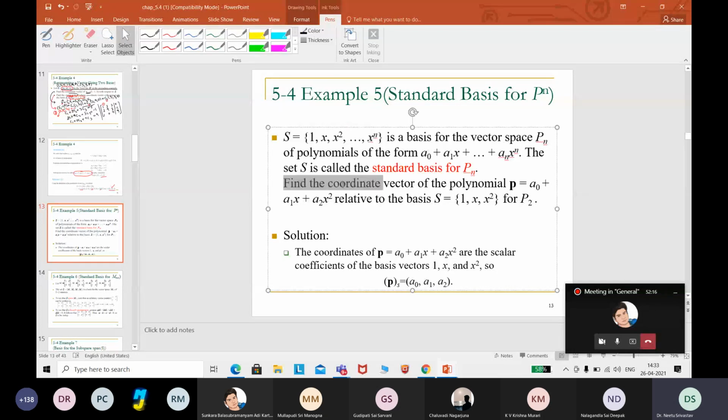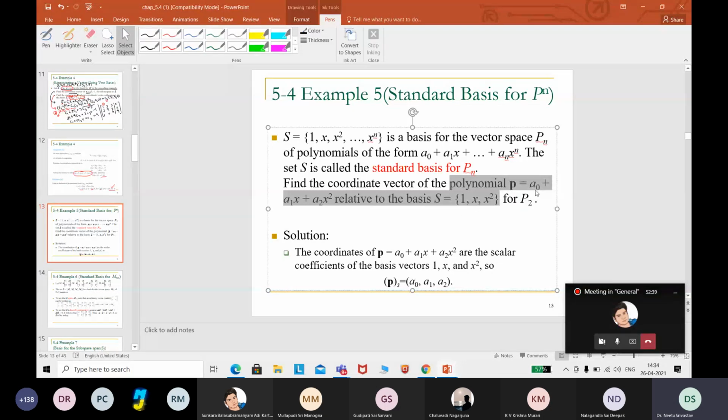Now find the coordinate vector of the polynomial p equal to a0 plus a1x plus a2x square. For polynomials you have to remember the standard basis. How many elements are there? N plus 1 elements are there in the basis. So find the coordinate vector for this polynomial relative to this basis.